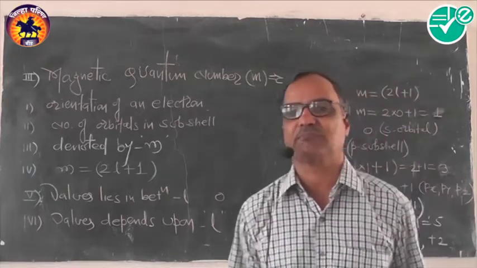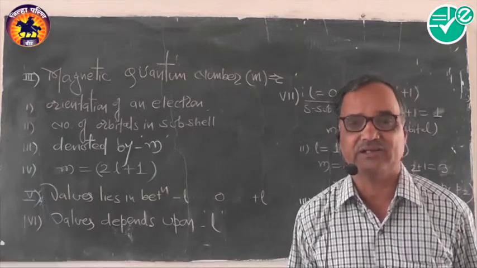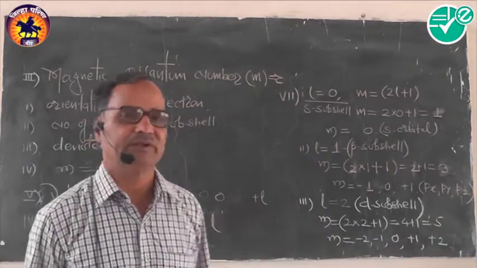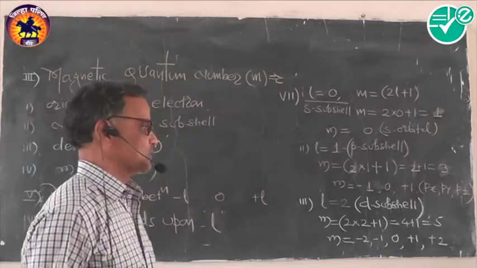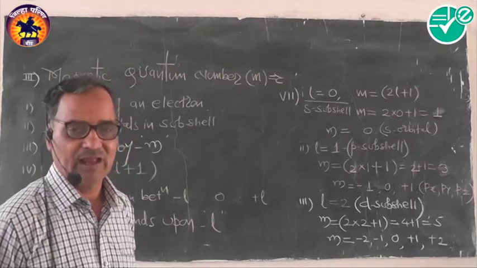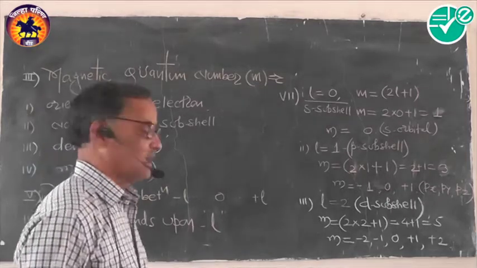The shape of the s orbital is spherical in nature, and the shape of the p orbital is dumbbell shaped. So dumbbell shaped is the shape of the p orbital, and spherical is the shape of the s orbital.